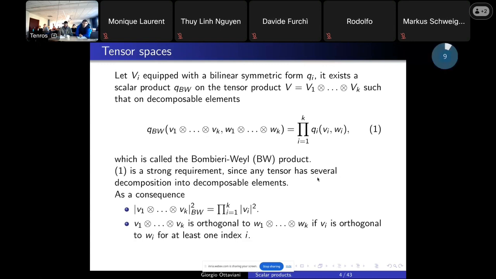Another consequence, when you have orthogonality, and here there is a feature easy but important to underline: the necessary and sufficient condition for two decomposables to be orthogonal is just that there exists one index where you have one vector orthogonal to the other, because in the product it's enough that one is 0 and all the product is 0.